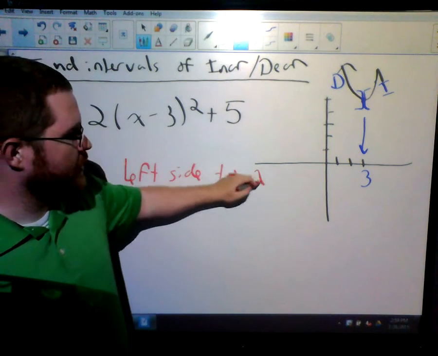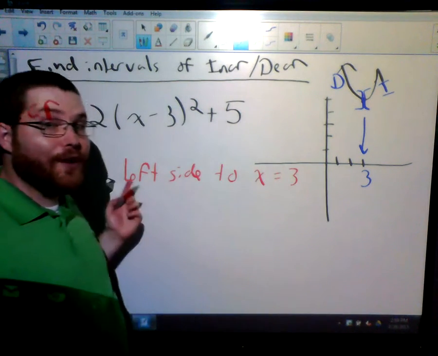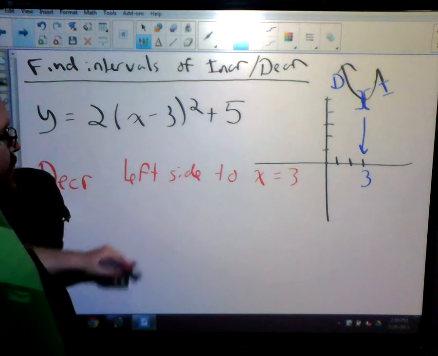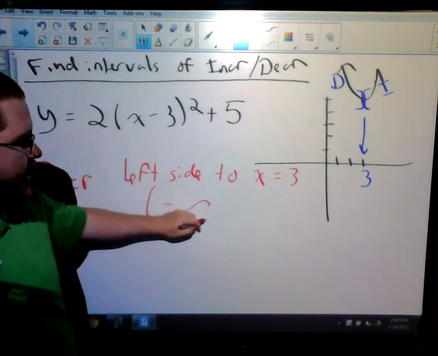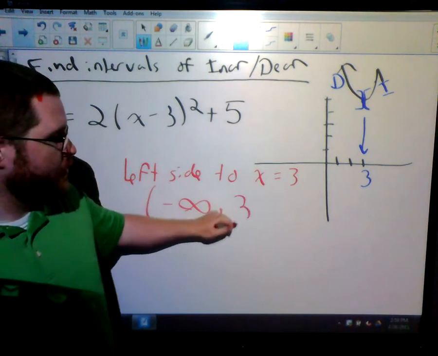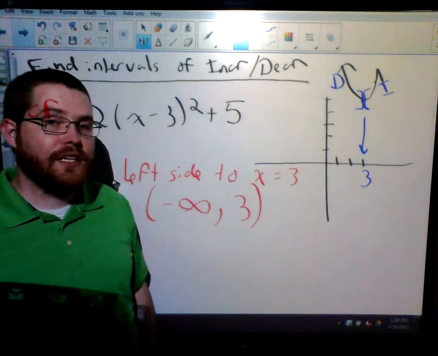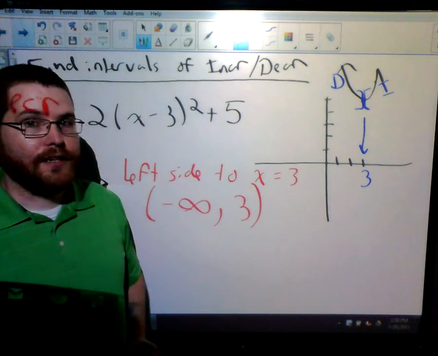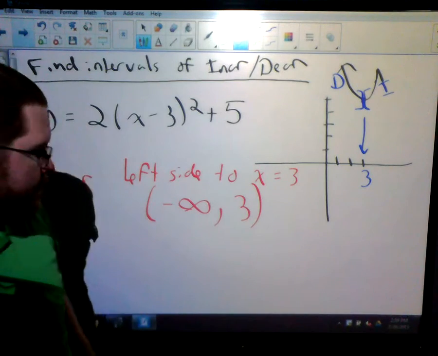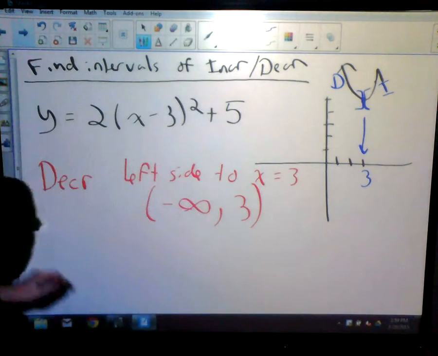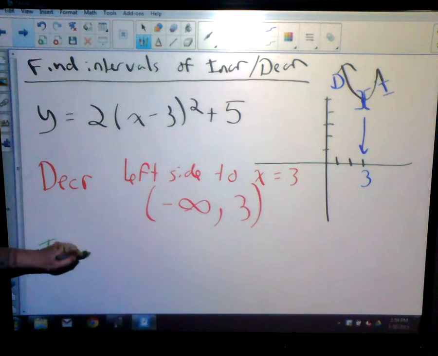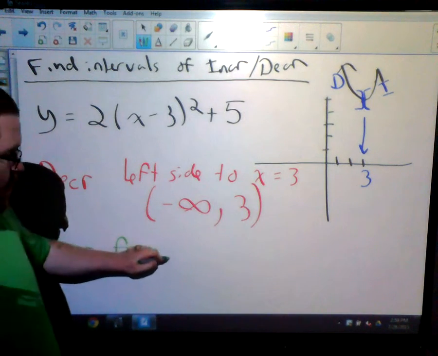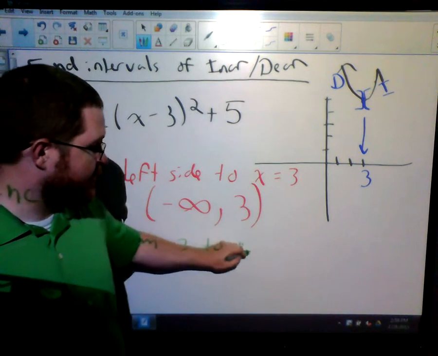to x equals 3. Now, I will never write it like that. What notation means left side? -infinity to 3. Yes, it touches 3, but it's not decreasing at 3. It's flat at 3. That's the bottom. We say it's increasing, then, from 3 to the right side.